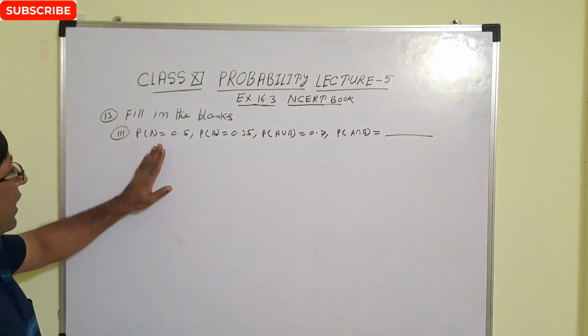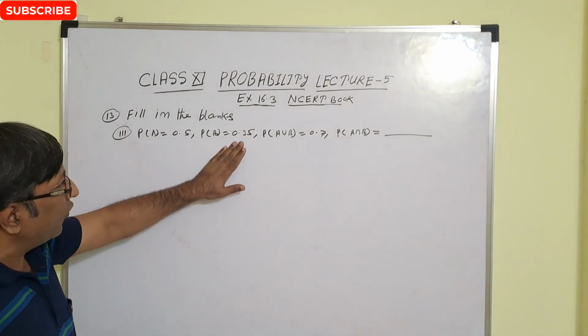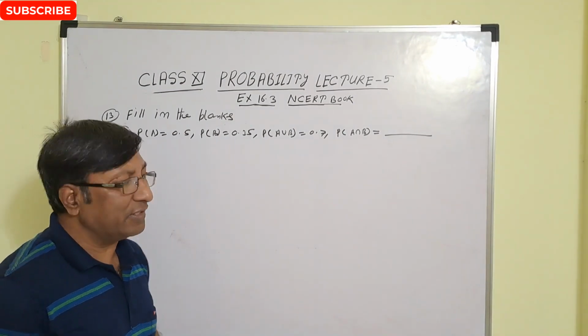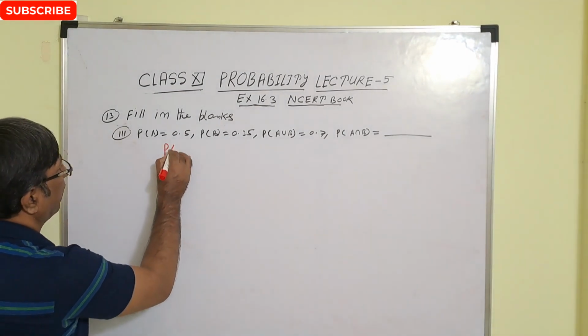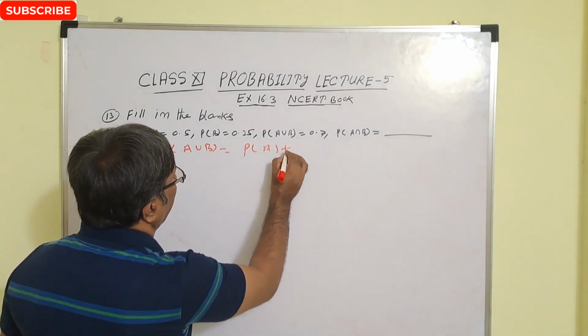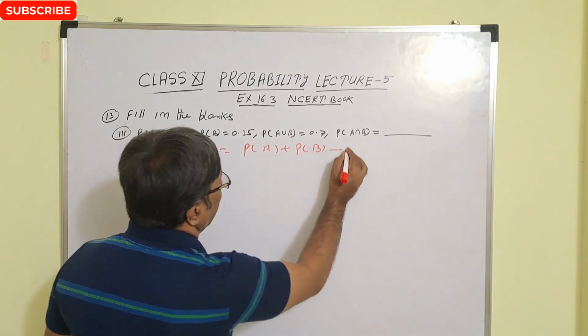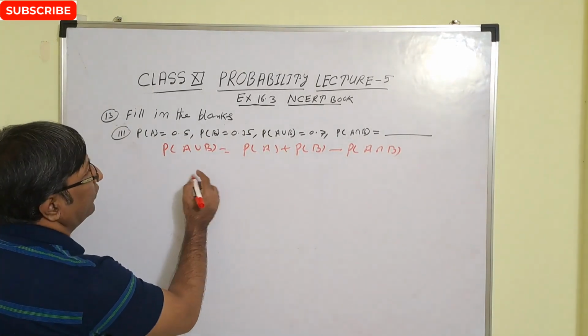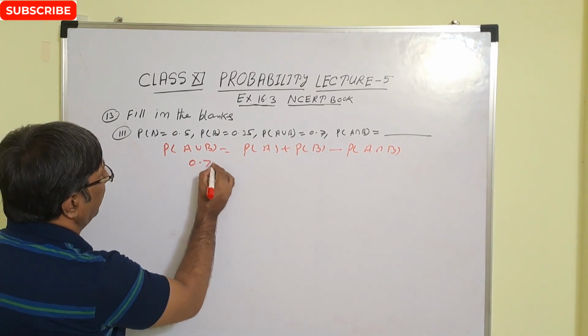Let us see the question. Probability of A given, probability of B given, A union B given. We have to find probability of A intersection B. So we know the formula: probability of A union B is probability of A plus probability of B minus probability of A intersection B. So A union B is given 0.70.